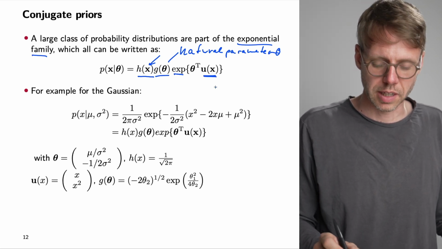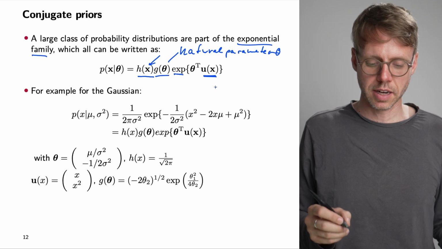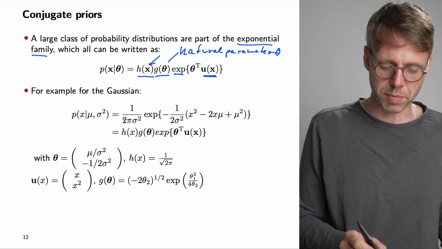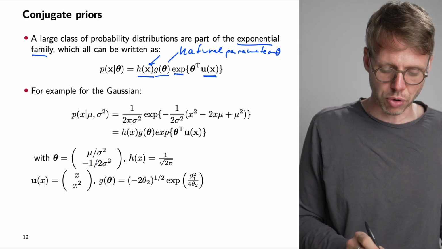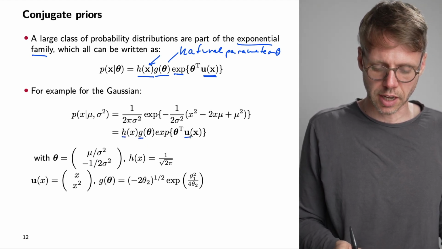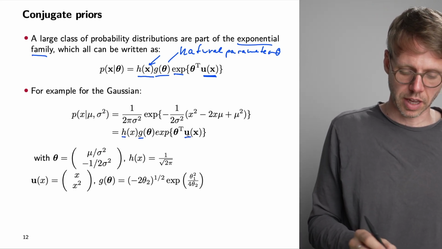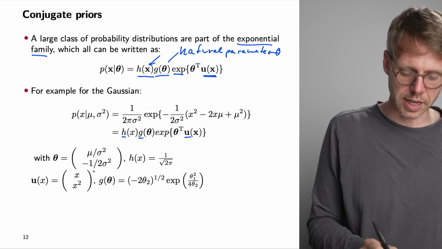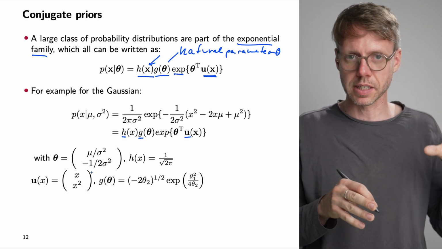Now this doesn't immediately look similar to the normal distribution. However, we can reformulate the normal distribution by finding appropriate functions h, g, and u such that this matches. And these thetas, the natural parameters, are not identical to the parameters that we know for the Gaussian.